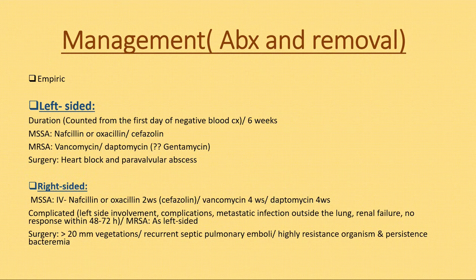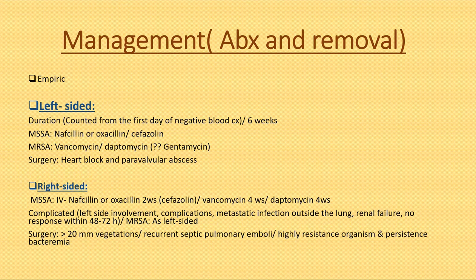When we suspect MRSA, we're going to treat it as on the left side. We're going to use vancomycin or daptomycin for 6 weeks. And we consider surgery when we do an echocardiography and it shows more than 20 millimeters of vegetation, or when there is recurrent septic pulmonary emboli.